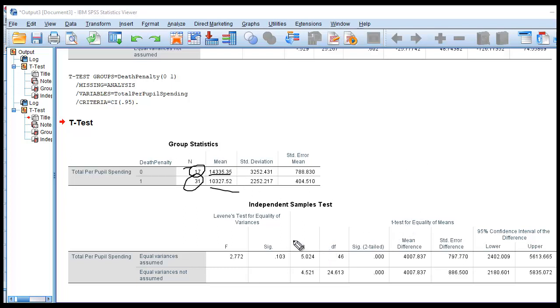When we look at our t-test right down here, we have the mean difference. If I take the mean for the non-death penalty states and subtract from it the mean for the death penalty states, you can see that the average per pupil spending is about $4,000 greater in the non-death penalty states.